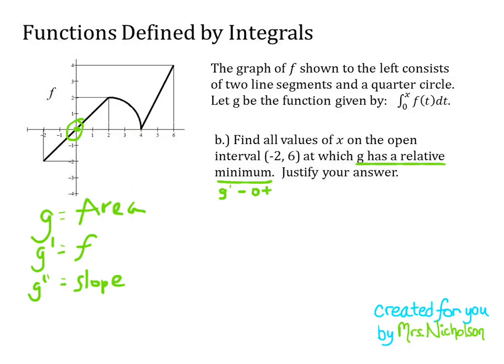So then to answer our question, G has a relative min at x equals 0, because this is where we have to be really careful.